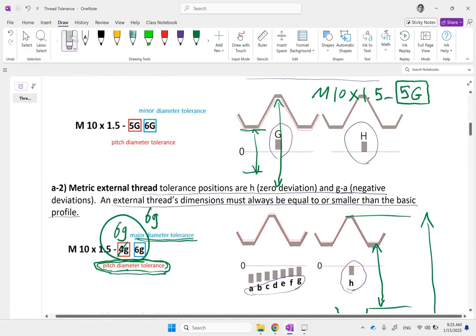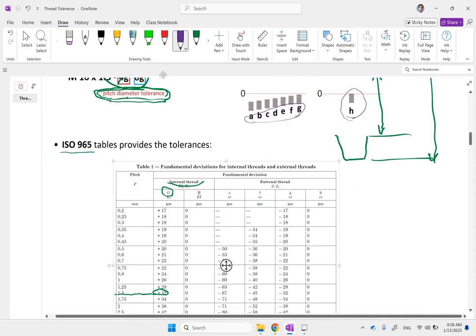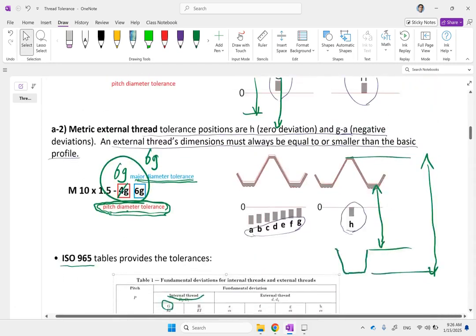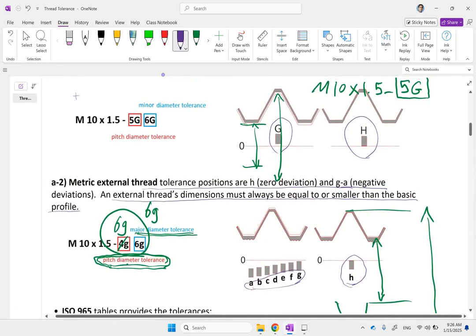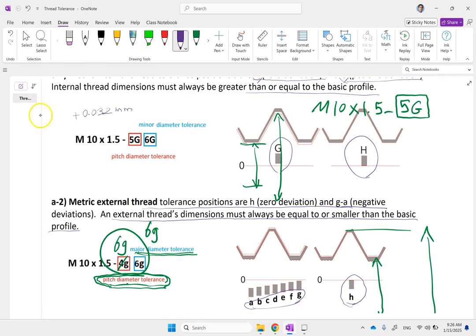For both 5G and 6G, it doesn't care 5 or 6. As long as it's G, it's a positive 32 microns. So in terms of millimeters, because these dimensions are all in millimeters, that capital G is plus 0.032 millimeters or 32 microns. That is class G.